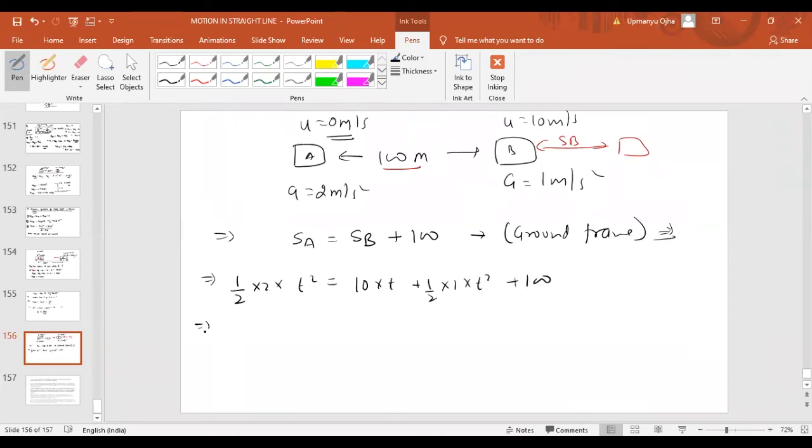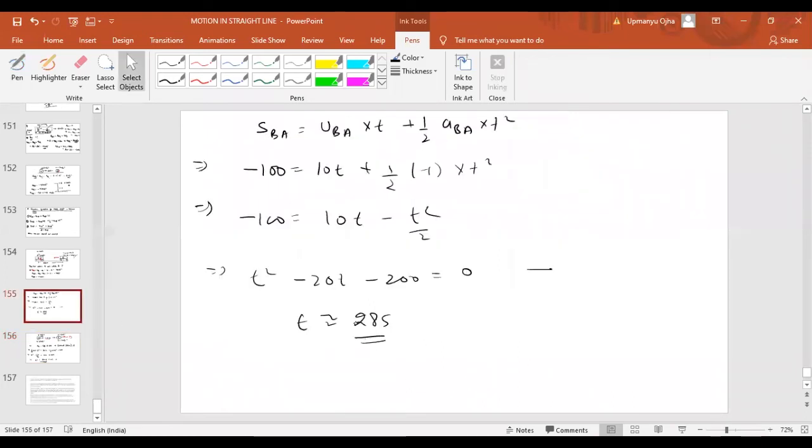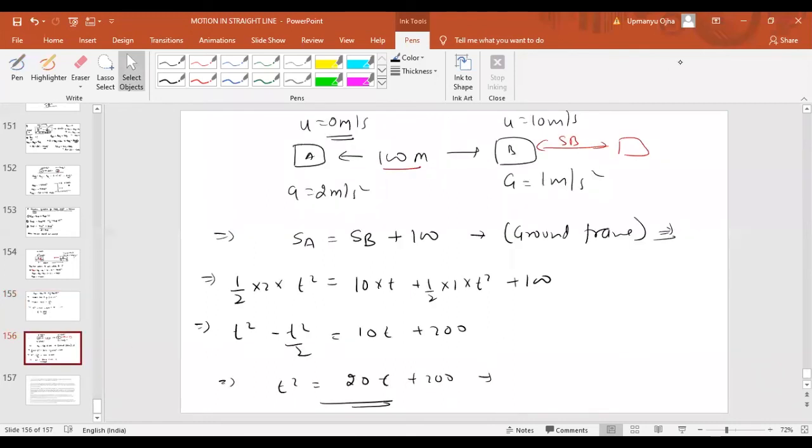So this will come as t square minus t square by 2 equal to 10t plus 100, so t square equal to 20t plus 200. In both methods, we are getting the same equation: t square minus 20t minus 200 equal to 0.